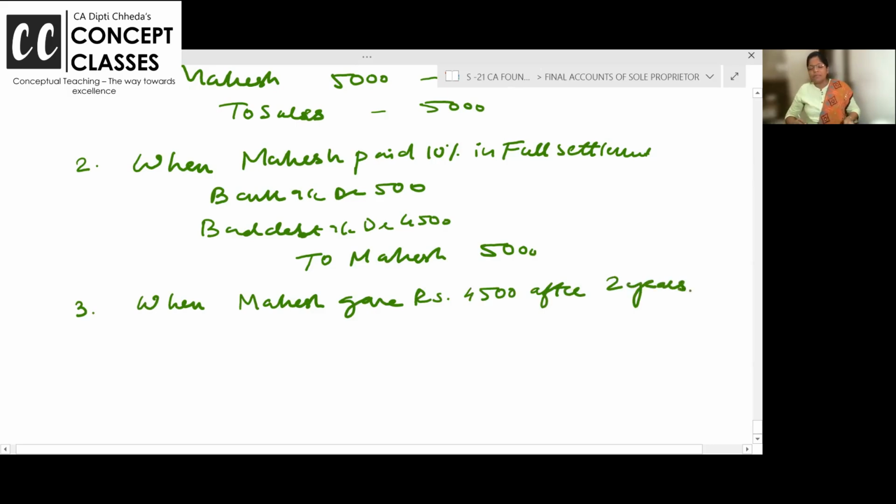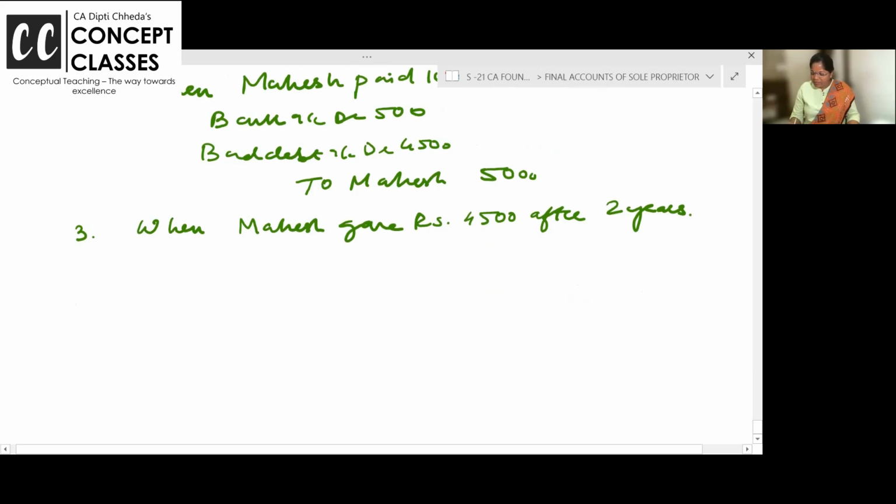Like these concepts, I have made many videos on YouTube also to explain these small concepts of bad debt recovered. So for repeated watching, you can watch it on YouTube also. CA Foundation playlist, click here, so you will get it.